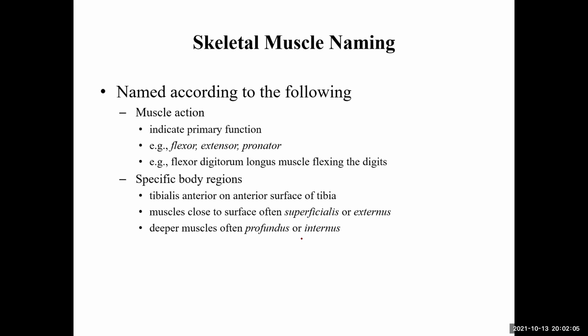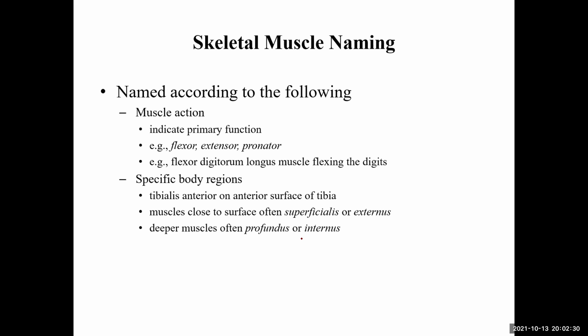The next word, digitorum, tells me that it flexes the digits. It could be the fingers, it could be the toes, but it flexes the digits. And then longus tells me how big this muscle is. Is it short or is it long? Obviously, it's long.